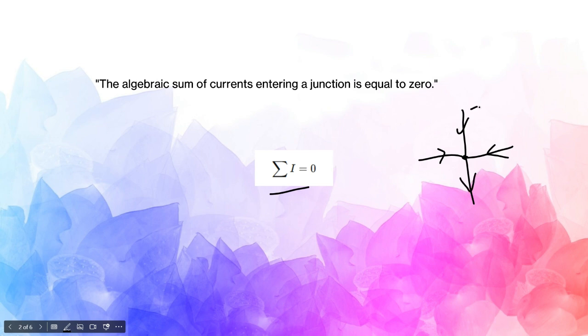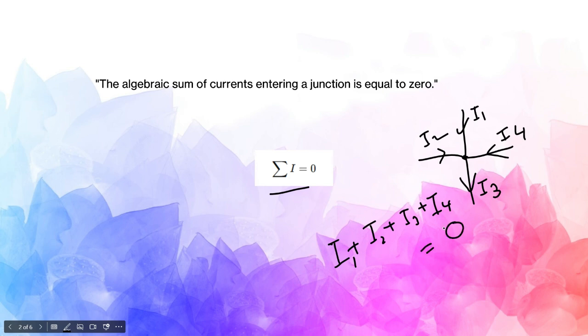Let's say this is I1, this is I2, this is I3, this is I4. So what it is saying is that I1 plus I2 plus I3 plus I4 all equal to 0.